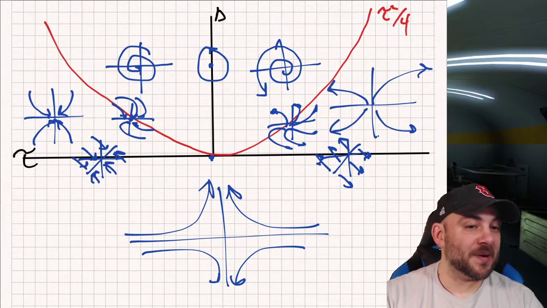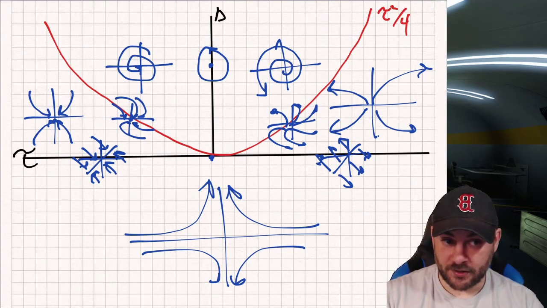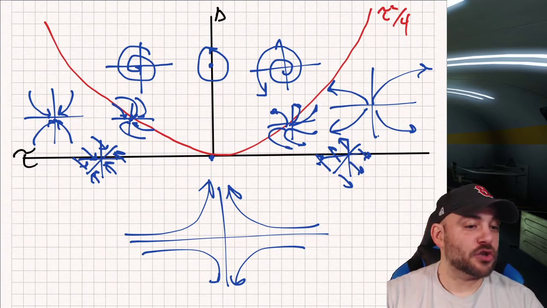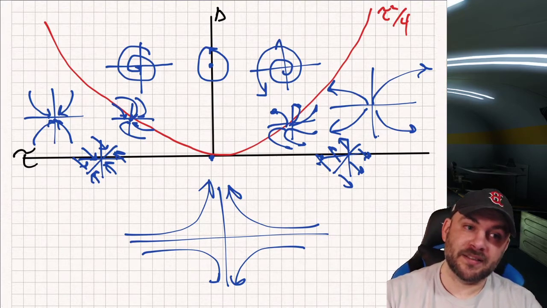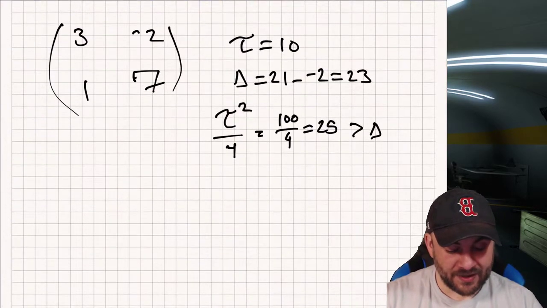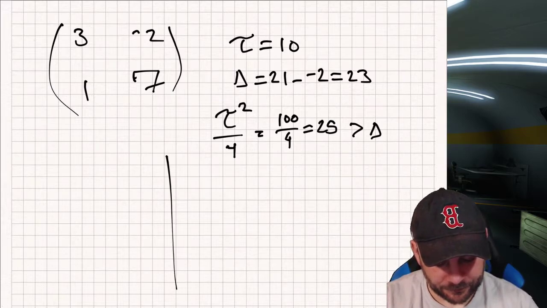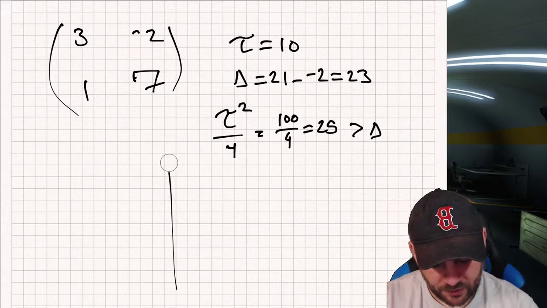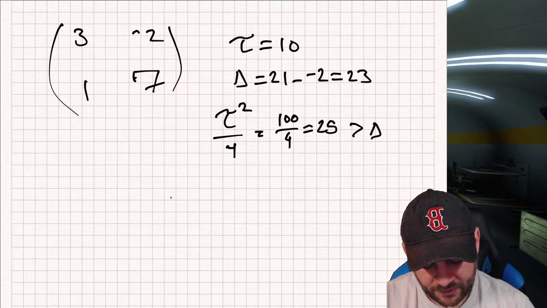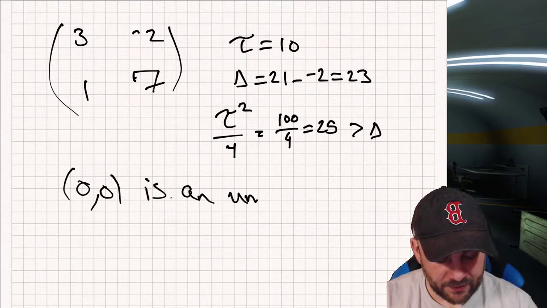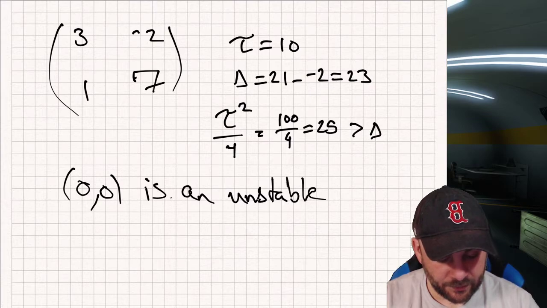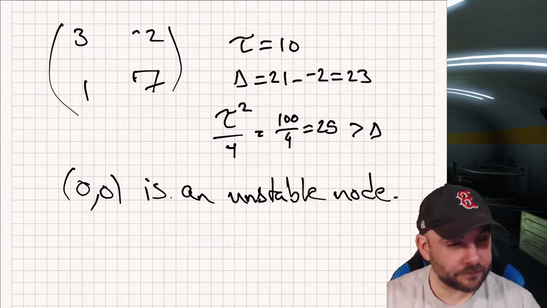Okay, my determinant is positive, which means I'm above the horizontal axis. My trace is positive, which means I'm to the right, which means I'm at an unstable node. So I can write, without knowing anything else, that 0, 0 is an unstable node.